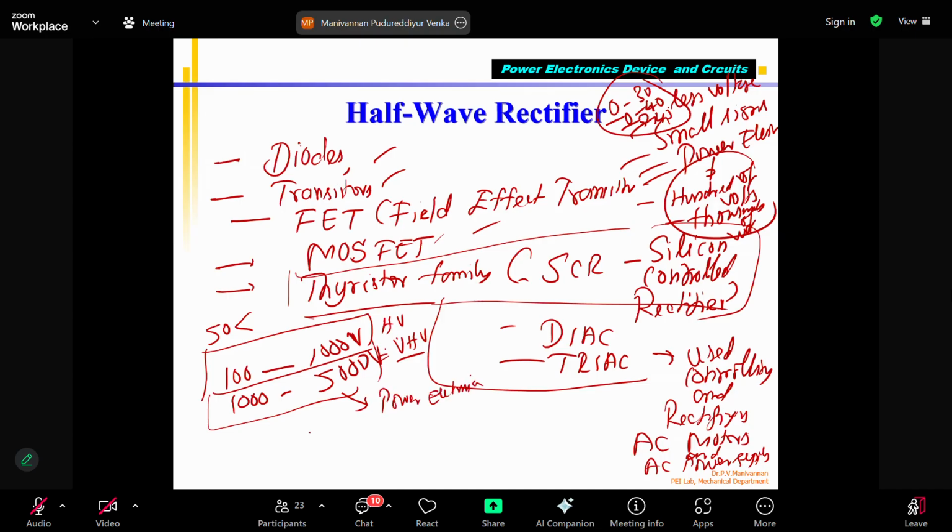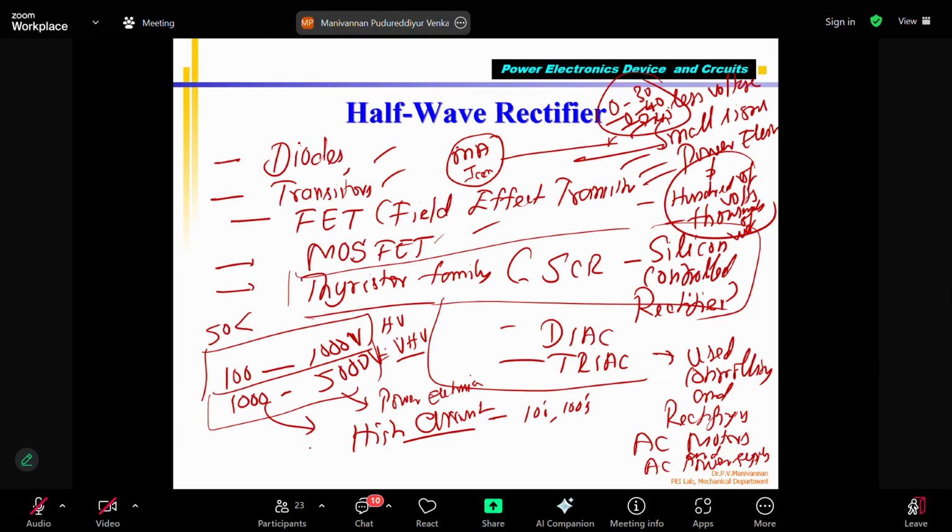Not only can they handle high voltage, they will handle high current also. Generally, with small signal amplifiers, the maximum current, ICC max or IC max, will be in the order of milliamps, less than 1 amp. In power amplifiers, current can go to tens or hundreds of amps: 20 amps, 30 amps, 50 amps, 200 amps, 500 amps.